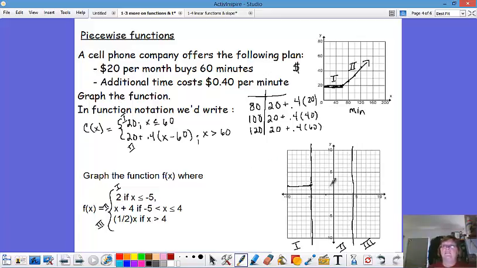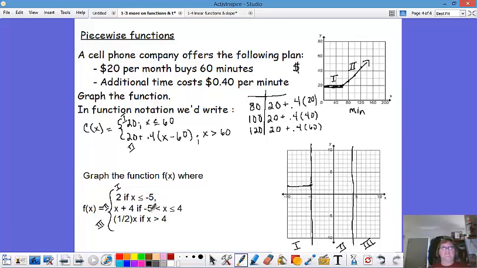If we get into the next part of this, though, when x is between -5 and 4, then our function value will be the x that we're at plus 4. Now, I said that -5 was contained in the first part of this function, and it is.